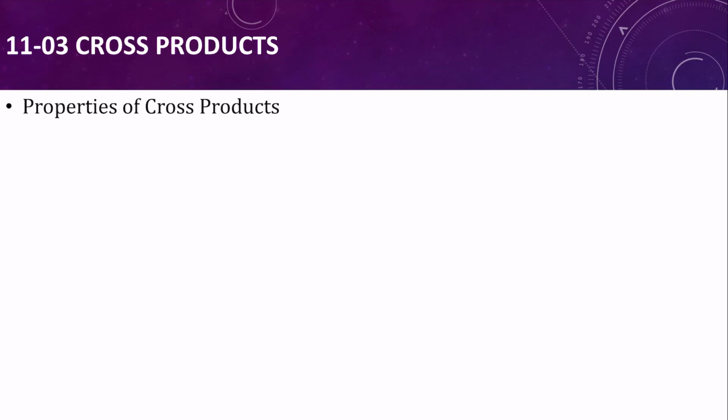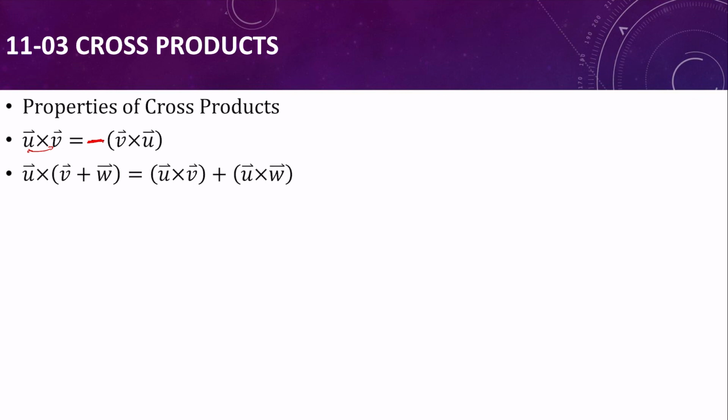There's several properties of cross products. First one, if you reverse the order, then it becomes negative. It does have a distributive property.